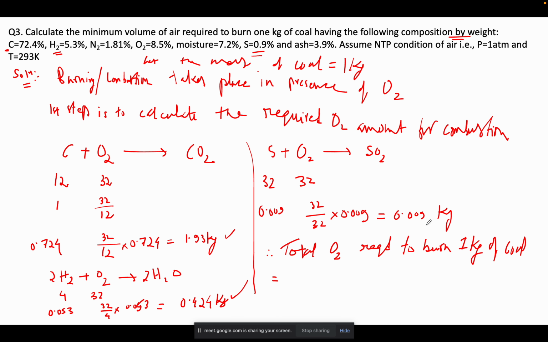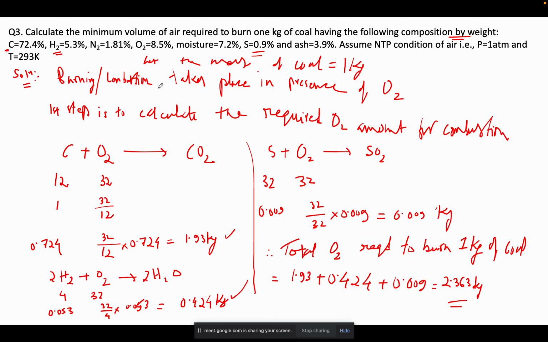This one plus this one plus this one, that is 1.93 plus 0.424 plus 0.009. Okay, so 2.363 kg. So this much kg of oxygen is required.